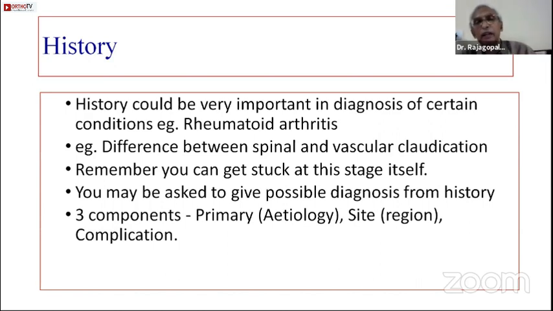Loss of weight, loss of appetite, history of chronic cough, like that, and history of the region. Back, okay, what about the back? What are the points related to that? The pain or disability. And lastly, you have a complication, a neurological problem, history of that, including bladder and bowel. If you divide like that, when you justify your history, it will be easy. That's why I want to go with that.